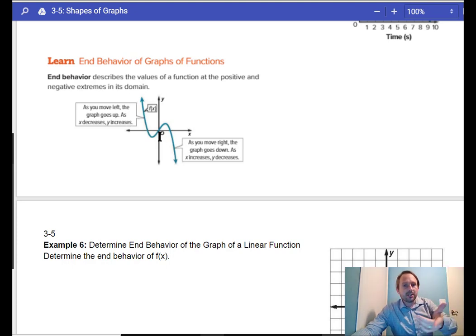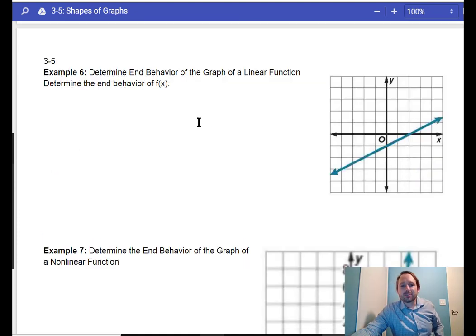As we move right, as x increases, y decreases. I actually love this one because you look at it and wonder what's happening. As x decreases, going left, is it going up or down? As x increases, is it going up or down? That's it. Let's go on to example 6.